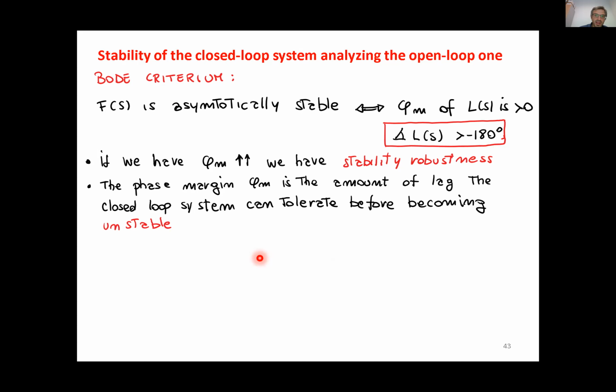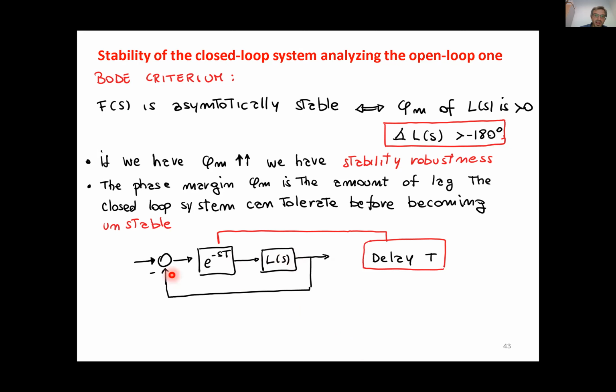So if we add some delay to the system in closed loop, and this delay in Laplace is usually expressed as a negative exponential of s times T, where T is the delay in seconds, and this delay could be, for example, in your communication line or in your actuators, it affects the phase, reducing the phase margin.